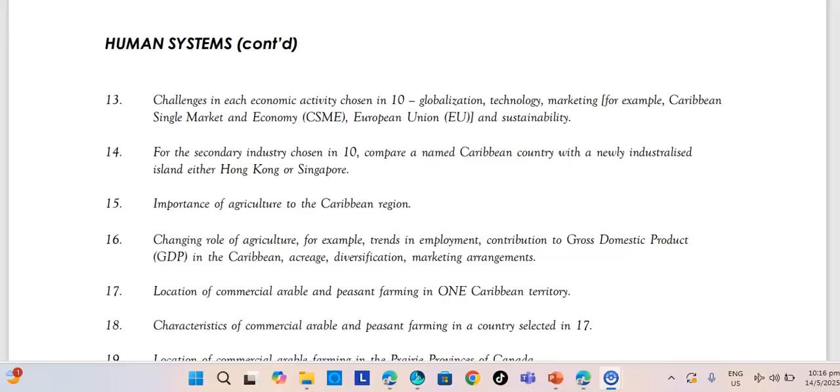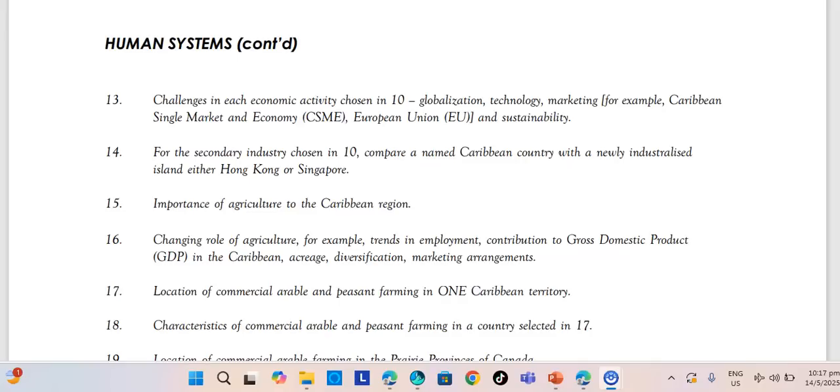Another challenge is overfishing. The fishermen may face overfishing, which reduces fish stocks and affects their income. Another problem could be globalization, cheaper imported foods.